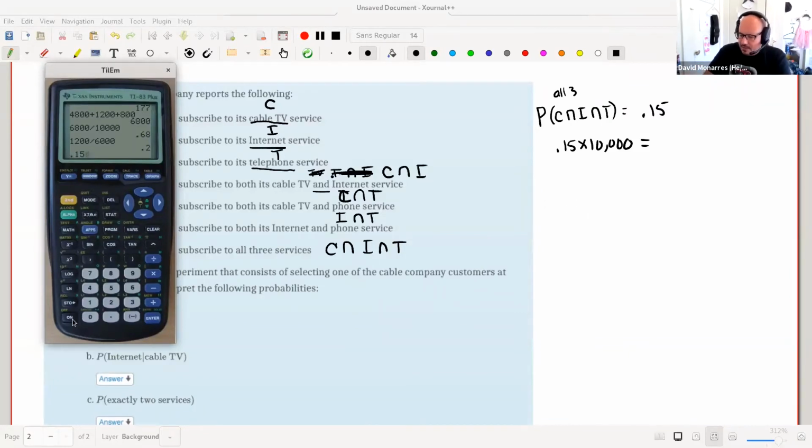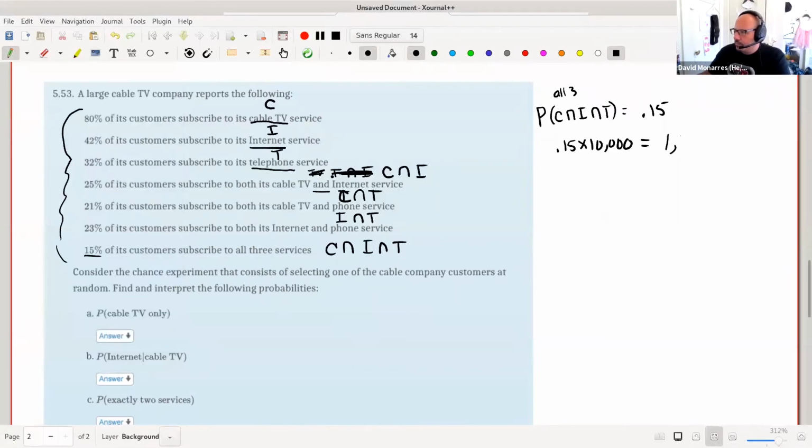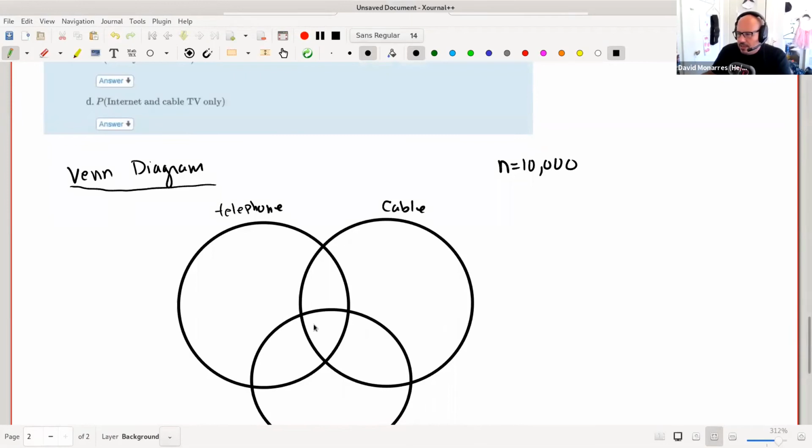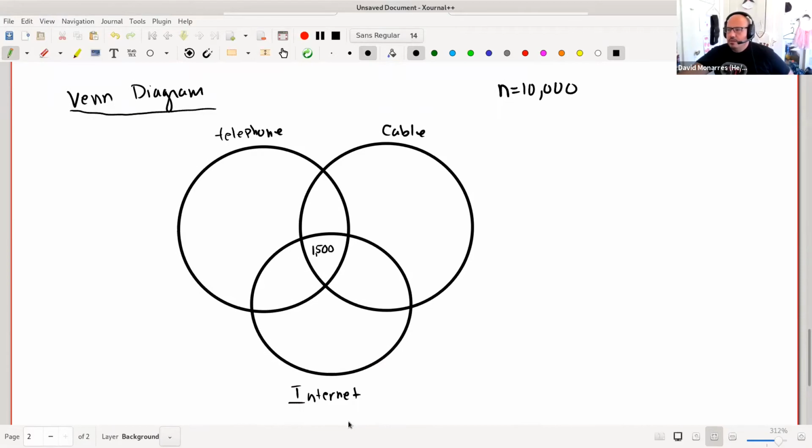So I get 15% times 10,000, and that's about 1,500. Now, what am I going to do with those 1,500? Well, I'm going to lay them in the middle right here. So this is 1,500 right here, because basically 1,500 use telephone, cable, and internet.